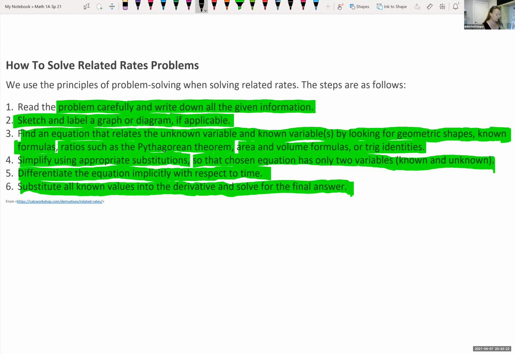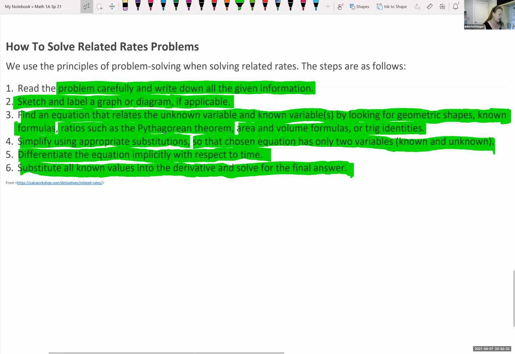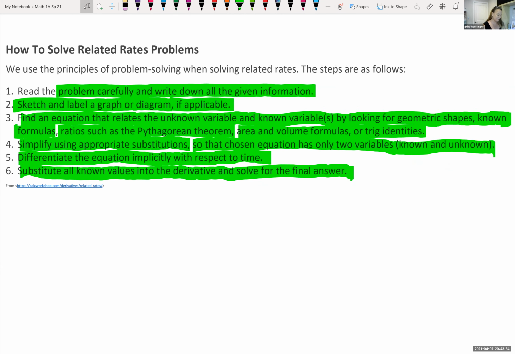So first example, let's say that a boat is leaking oil and the radius is growing at a rate of 3 feet per second. How fast, I'm just going to read through it first. How fast is the area increasing when the radius of the oil spill is 30 feet? Okay.